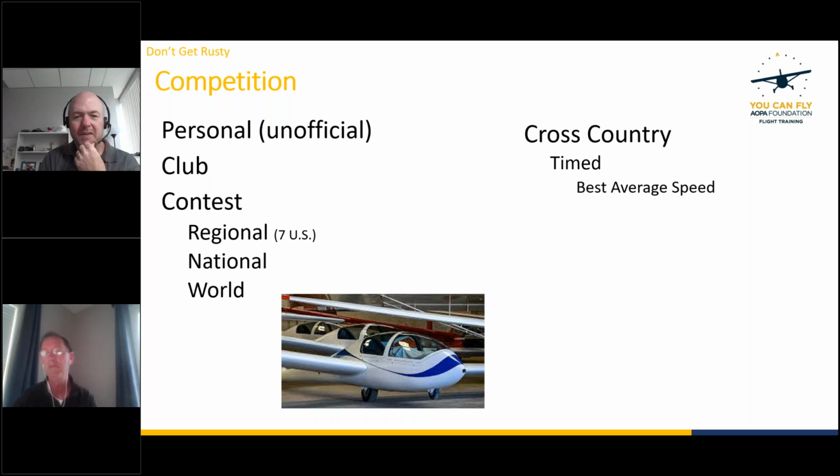Quite often, they're timed events where everybody flies the same course, and whoever flies it over the best average speed is the winner of that day. But they're also regatta-type races where there's a simultaneous start of all the gliders, and then the first one across the finish wins the race. And there's aerobatic competition at the national and world level.